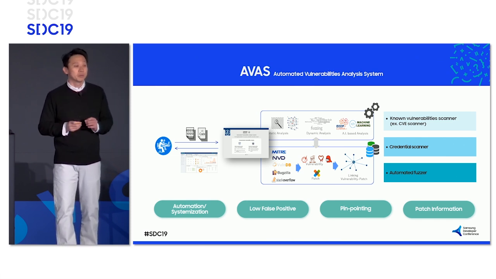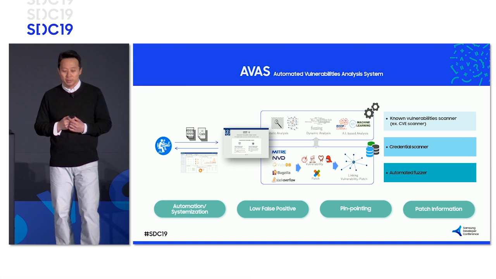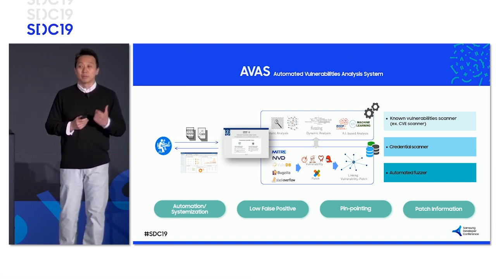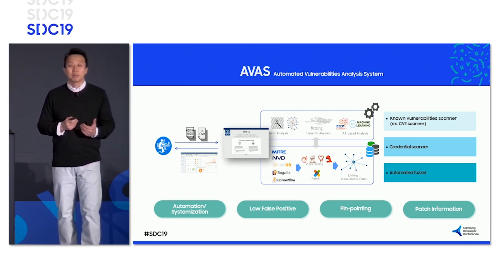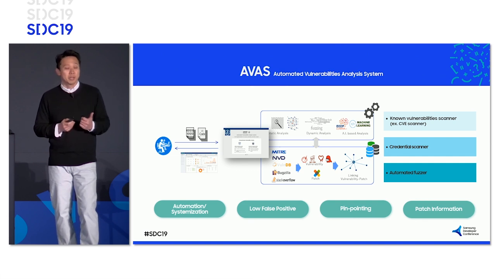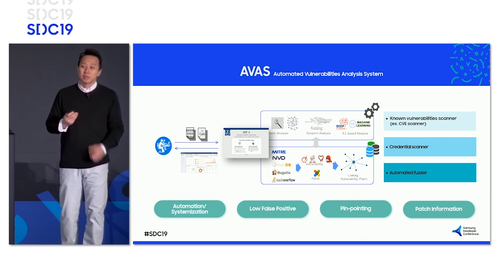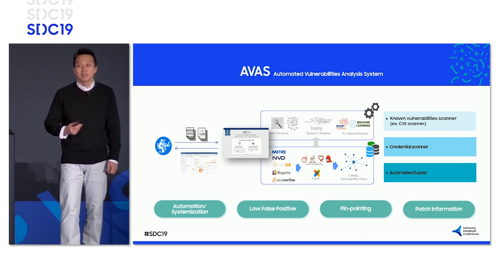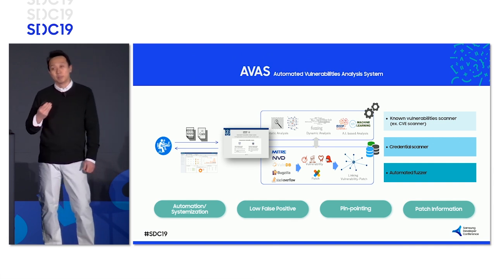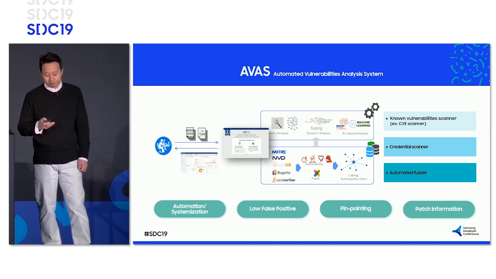So we focus on several requirements. We try to make it fully automated and provide low false positives, actually high accuracy. And then we provide patch information. The developer can easily patch and fix the bug in their source code.